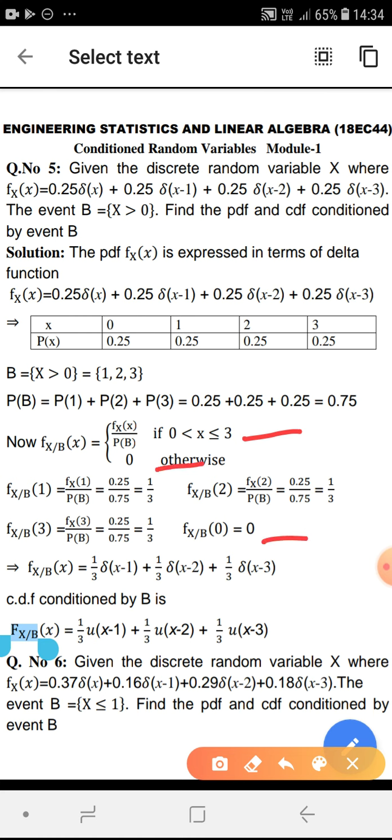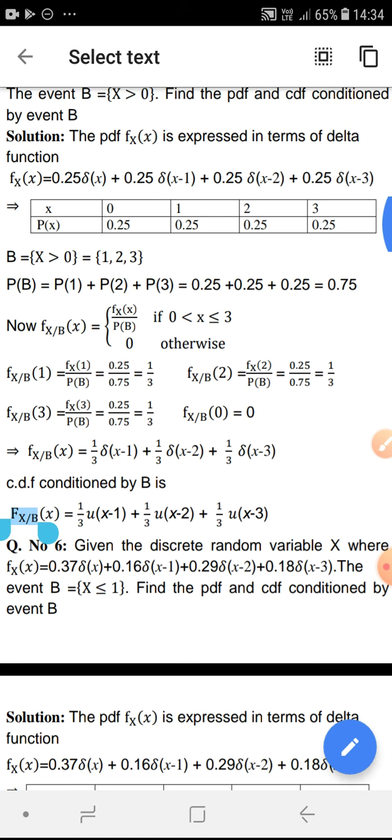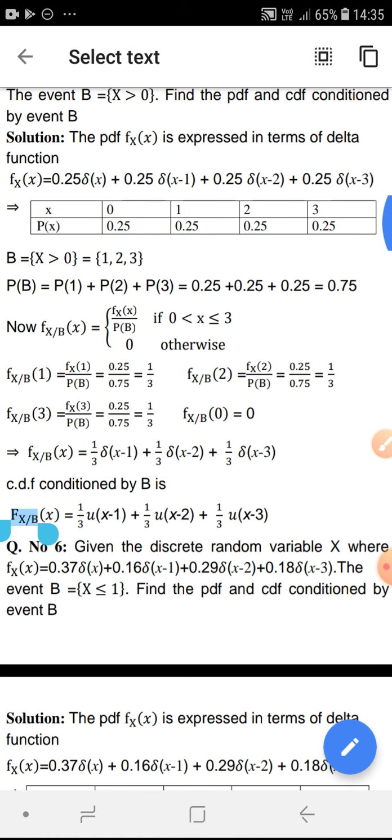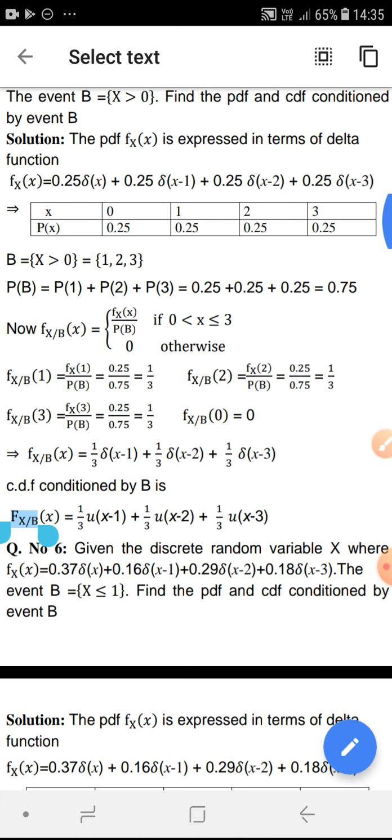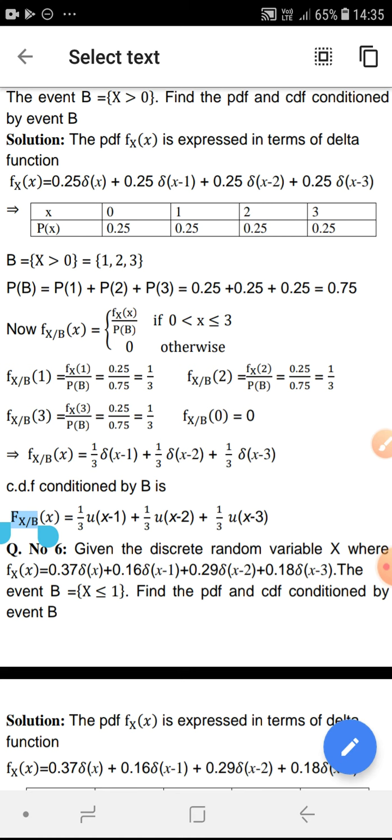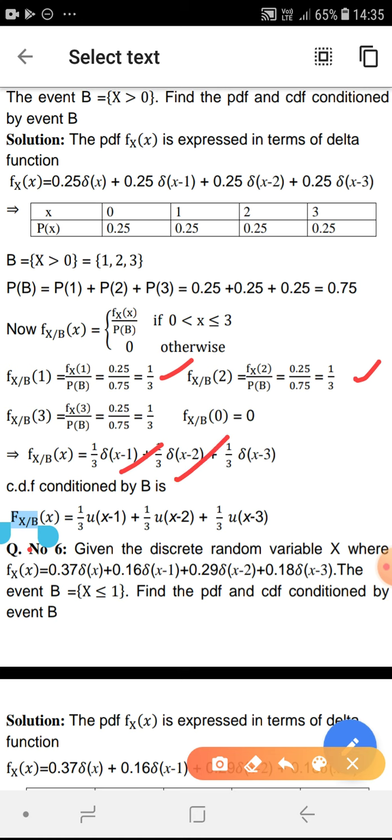Since it is the case of a discrete probability distribution, we can express this conditioned probability density function in terms of delta function. The conditioned probability density function at x is equal to 1 is 1 by 3, so it is 1 by 3 into delta of x minus 1, plus the value at x is equal to 2, which is 1 by 3, so 1 by 3 into delta of x minus 2.